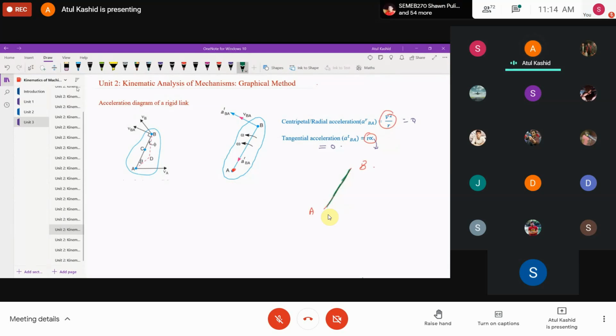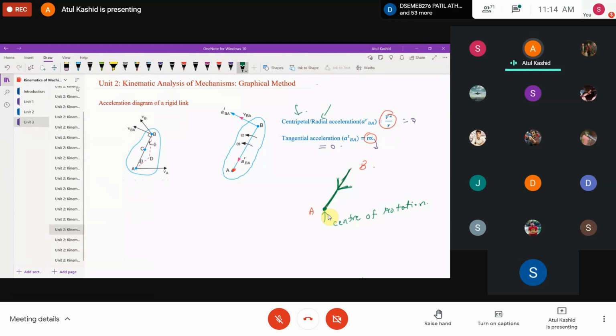Remember, it will be along the link and pointing towards A, because A will be your center of rotation. So the direction of the centripetal acceleration is always parallel to the link and directed towards the center of rotation.